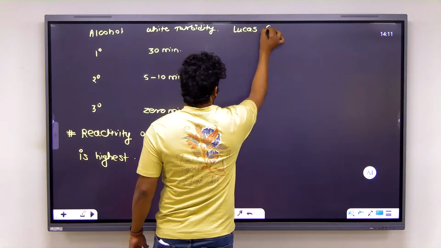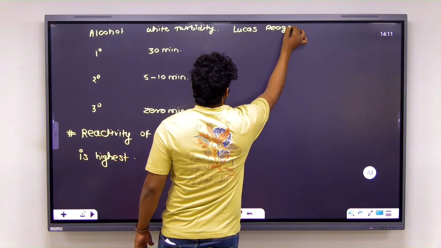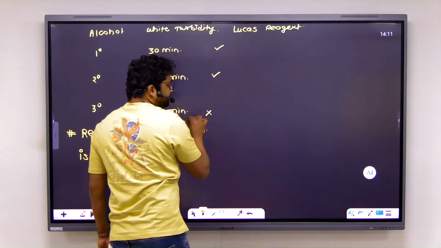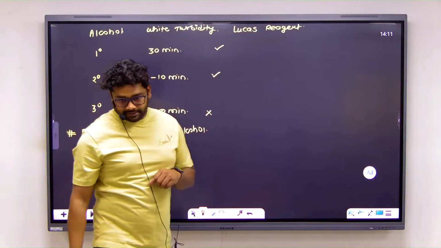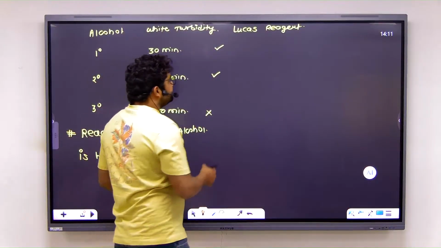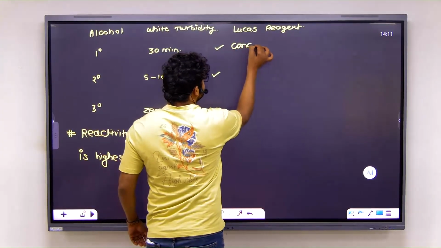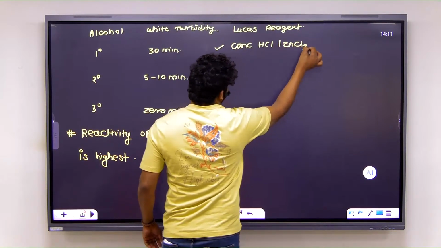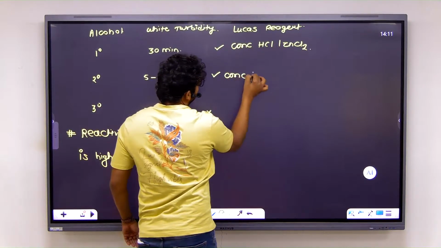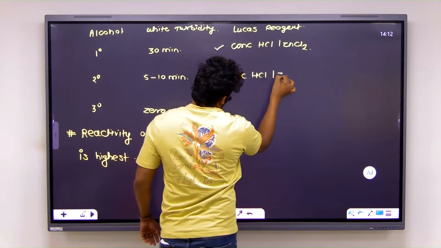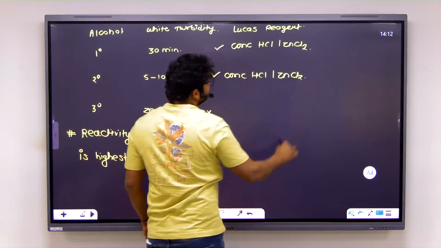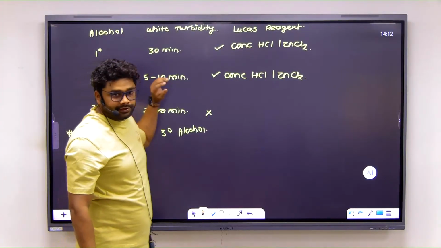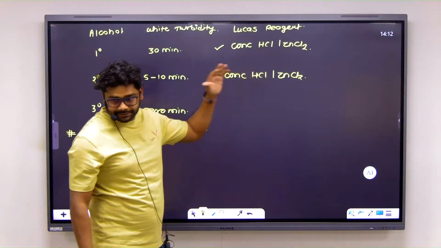Along with this concept, we can move forward to the use of Lucas reagent. The Lucas reagent is actually used in the primary and secondary case, not in the tertiary case. Lucas reagent is a combination of two things: one is concentrated HCl and the other is anhydrous ZnCl2. These two chemicals react with the primary alcohol for the formation of alkyl chlorides.